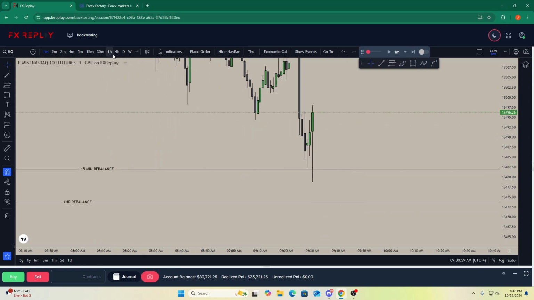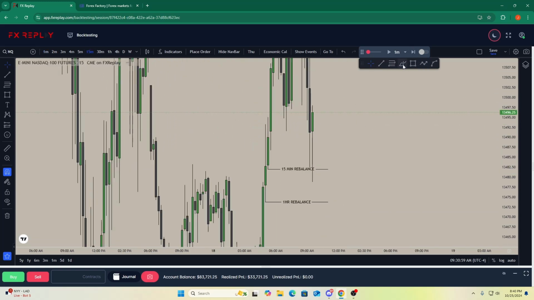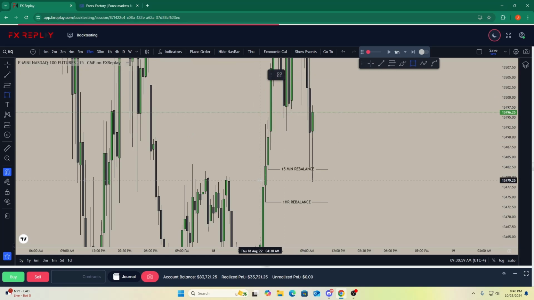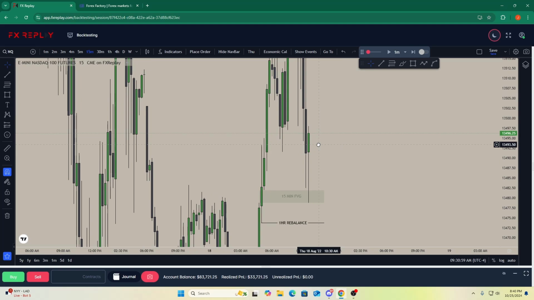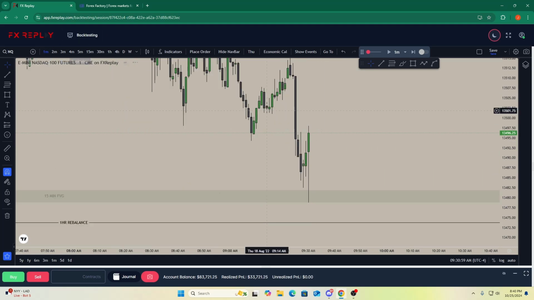So we're going to tap into this 15-minute. We're going to fill this 15-minute bullish value gap. Really bullish reaction from this 15-minute bullish rally up.